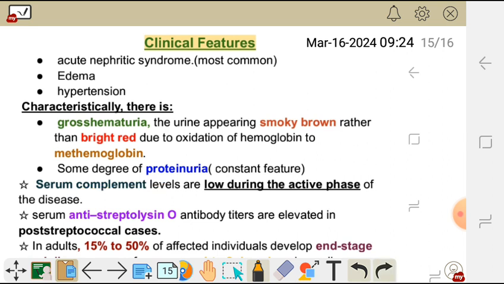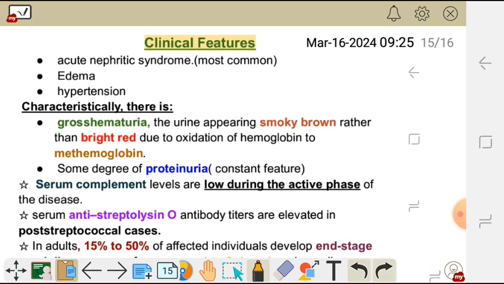Because we also have destruction of the complement proteins, and we have another feature here which is anti-streptolysin O. Since this streptolysin O is produced by the bacteria Streptococcus pyogenes, then anti-streptolysin O is going to be found in the blood serum, so that antibody can be found there.